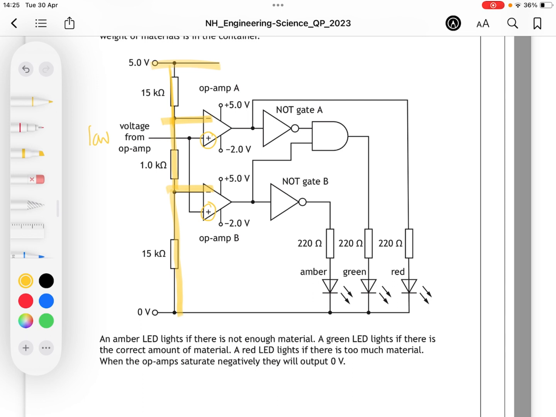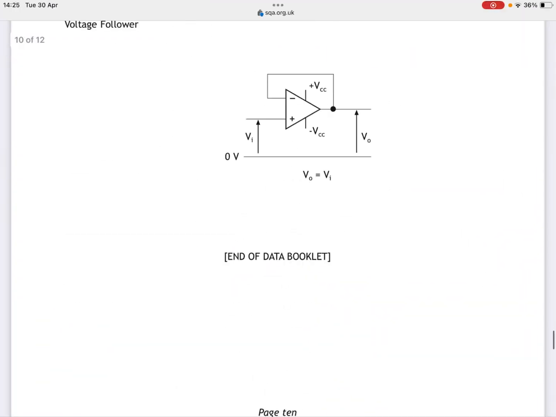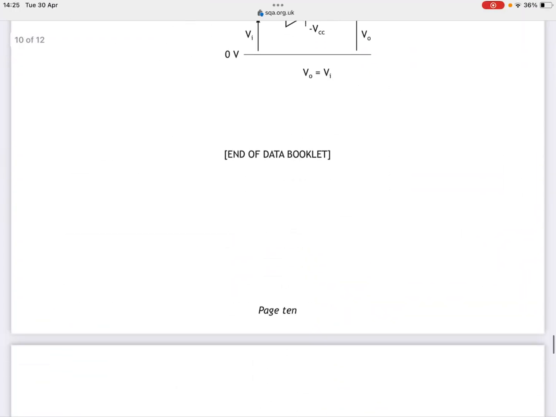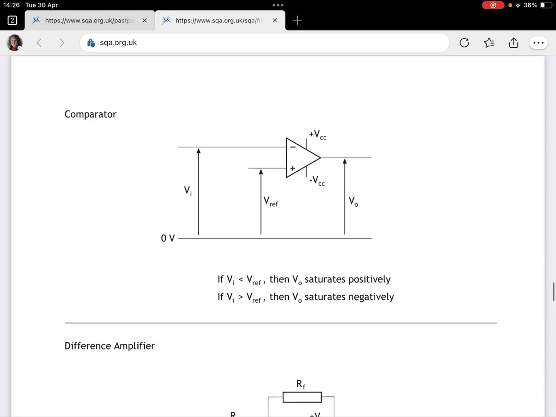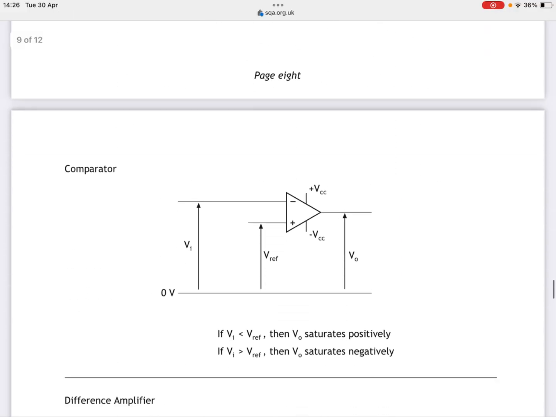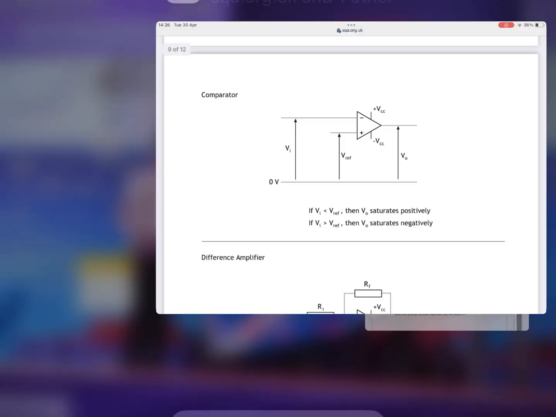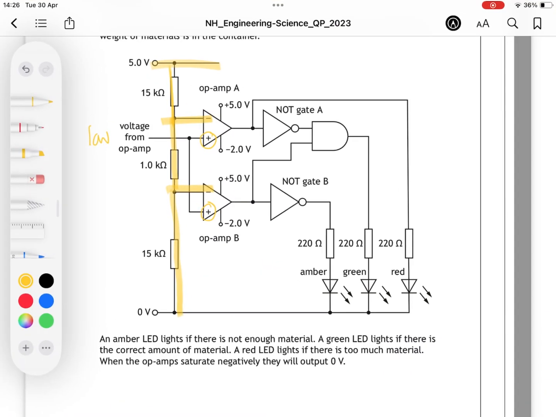Does it? What that means is both op-amps are going to saturate negatively, and so in this case we can say that the output here is going to be high.